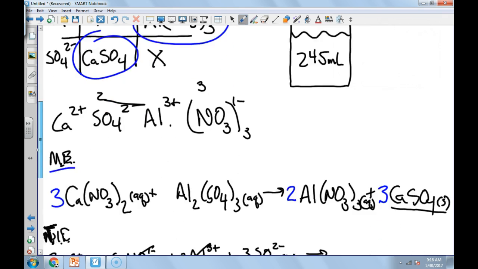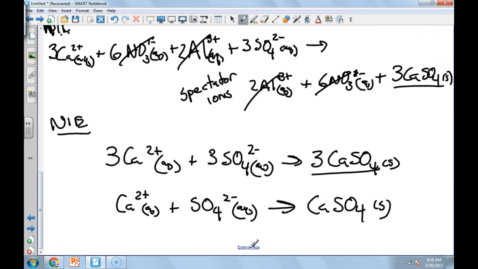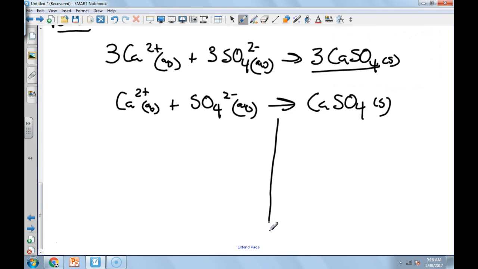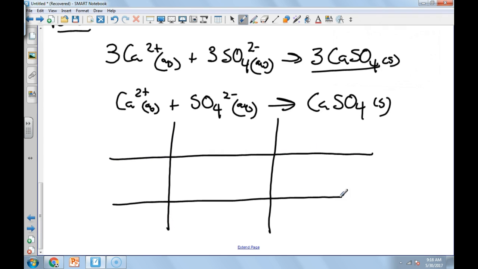Okay, in order to determine the limiting reactant, we have to now take our net ionic equation and I am going to do an ICE chart, and we have to determine how much of each of these we have to begin with. I know that this is going to be 0.